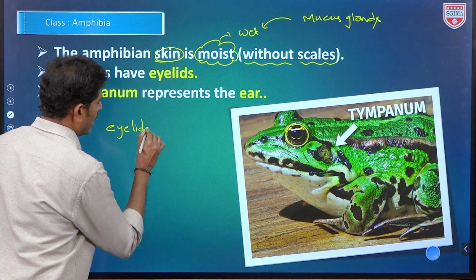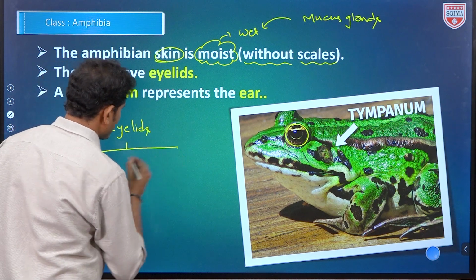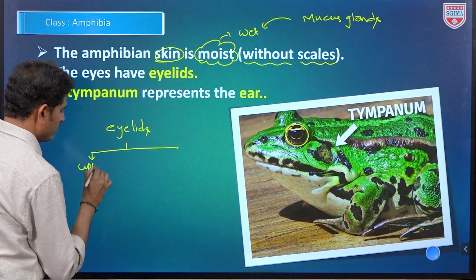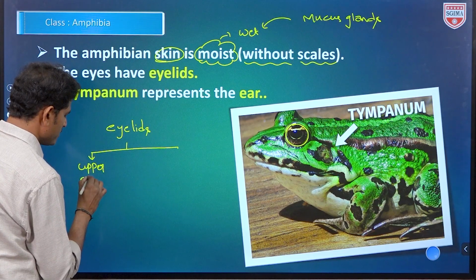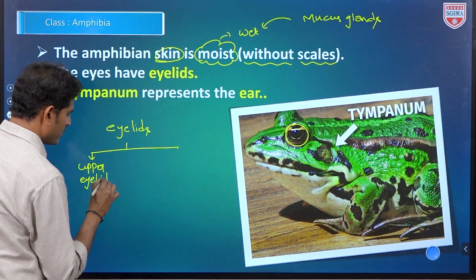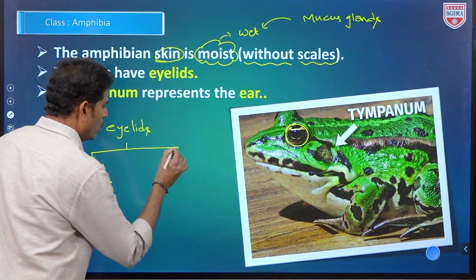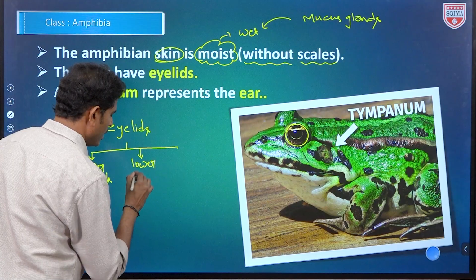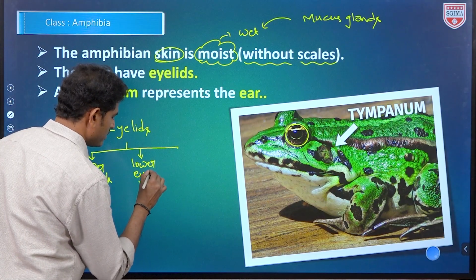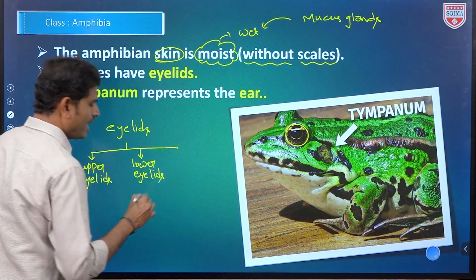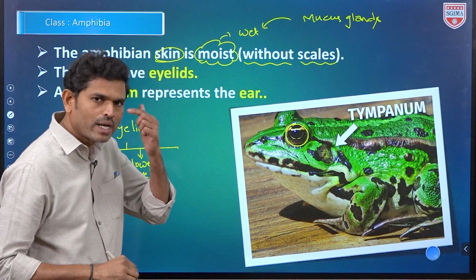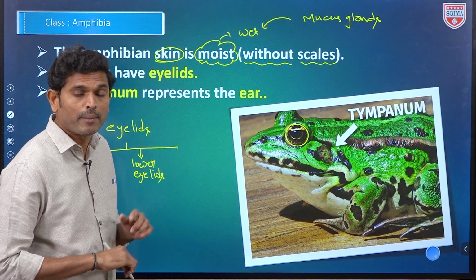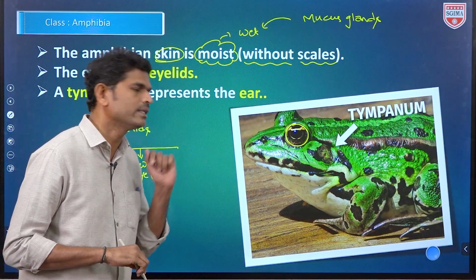Eyelids are present, the upper eyelid and the lower eyelid. Just as in our body we have upper and lower eyelids, here also upper and lower eyelids are present. In our body there are only 2 eyelids, here there are 3.